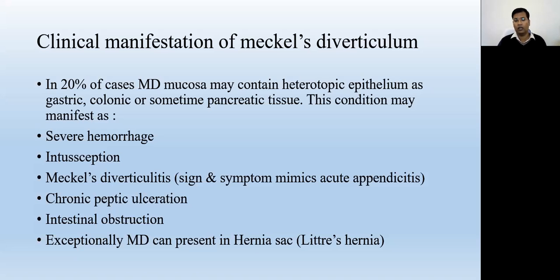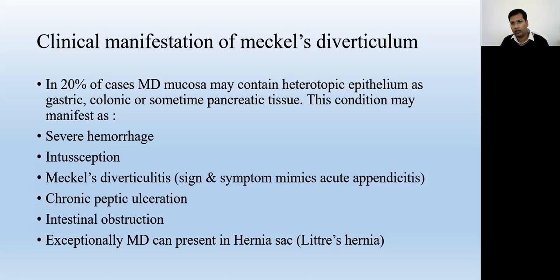Sometimes, when the hernial sac contains the Meckel's diverticulum, that is called Littre's hernia. There is one kind of hernia called the sliding hernia. Sliding hernia means that retroperitoneal structures along with peritoneal structures come inside the sac.